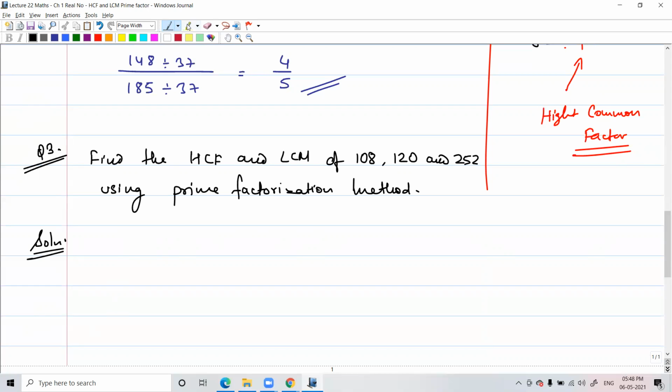You have to find the LCM and HCF of 108, 120, and 252. 3 numbers. Do it quickly.